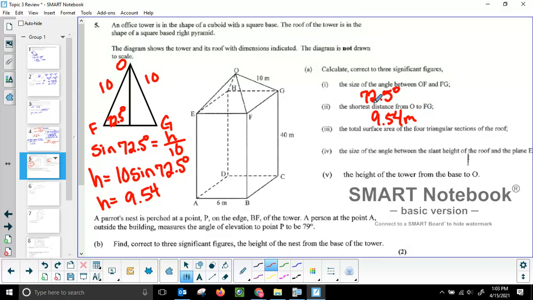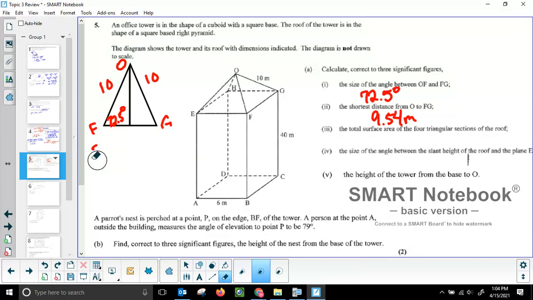Okay. Part 3 says the total surface area of the 4 triangular sections of the roof. So again, we're actually going to keep this same triangle, so I'm only going to erase this stuff down here. Of course, I won't need this anymore. You could use it if you wanted, but don't need it.